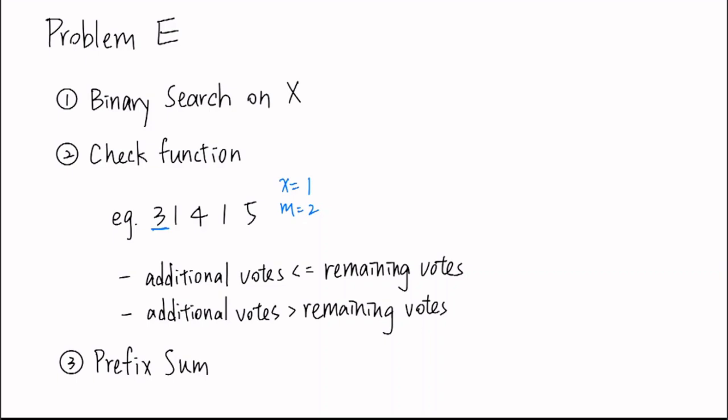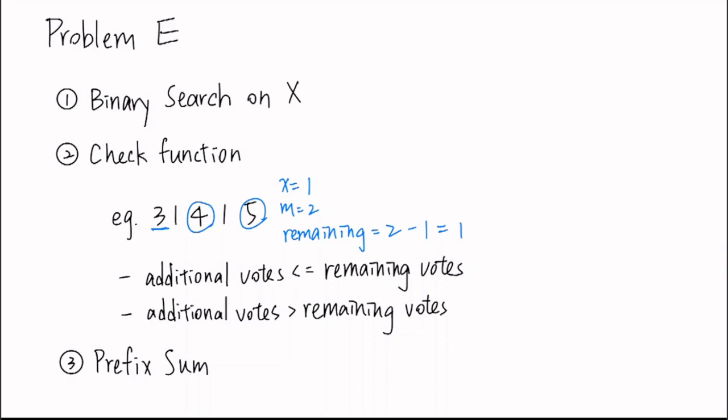In this case, there are 16 votes, and 14 votes are already cast. So there are a remaining 2 votes. And if we already give candidate 1 one vote, then there is only 1 vote remaining. So we will want to give the remaining 1 vote to the largest candidates, which are candidate 3 and candidate 5.